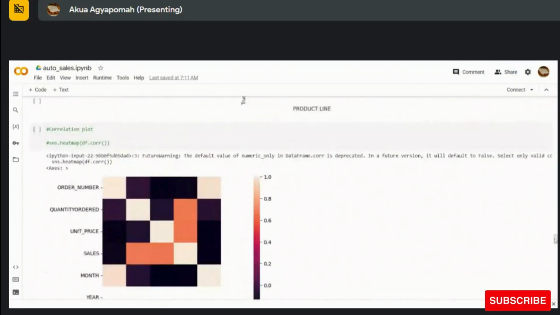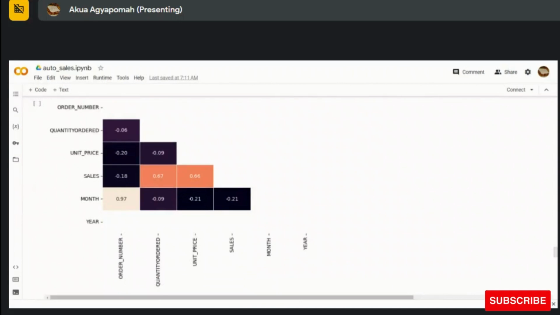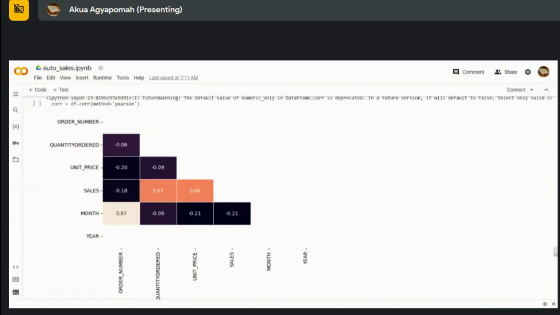So I did some correlations. I wanted to know the relationship between the variables in the data set, and it looks like there's a strong correlation between the quantity ordered and sales.